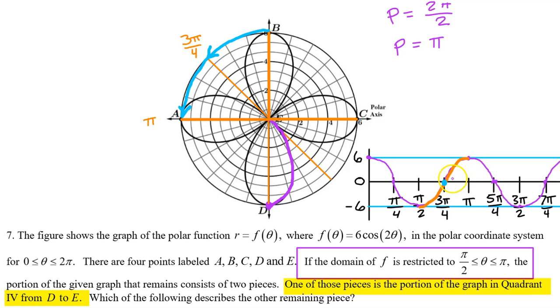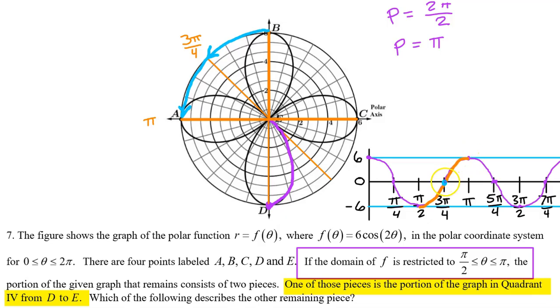On the rectangular graph, we notice that the r values from 3 pi over 4 to pi are positive, so there will be no reflection into the opposite quadrant. The graph should appear between 3 pi over 4 and pi, right here in the second quadrant. Notice that from 3 pi over 4 to pi, the r values go from 0 to 6.